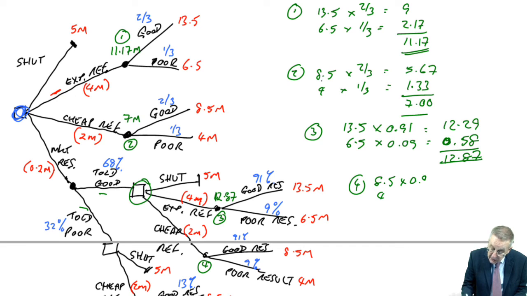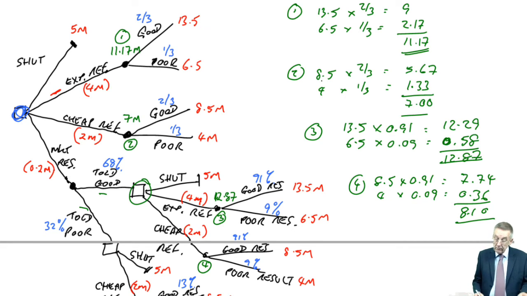Again, probability is 0.91, 91%, or 9%, 0.09. Gives us 7.74 or around 0.36, sorry. 8.1.